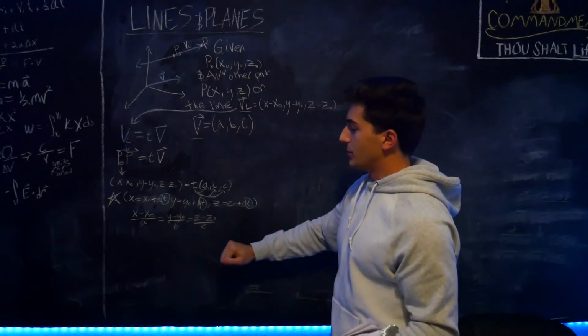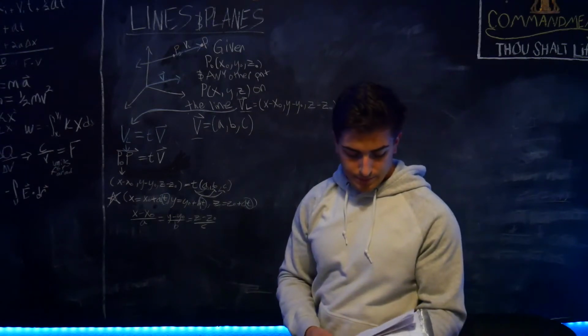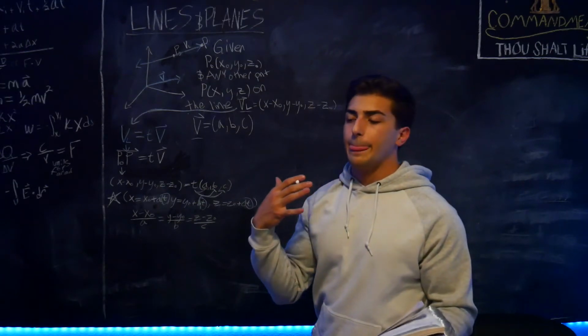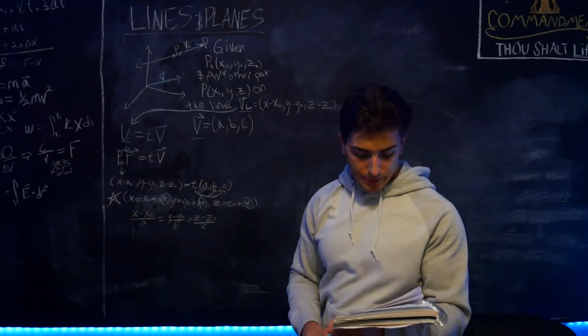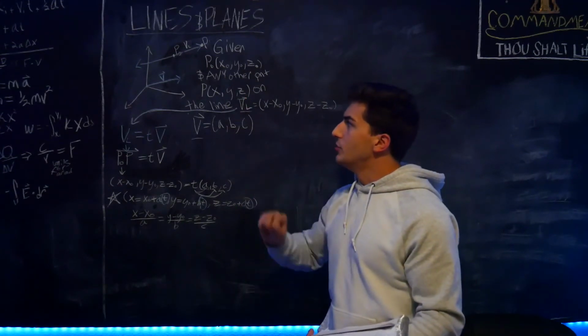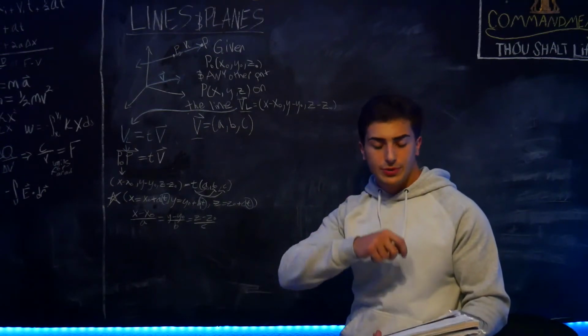That extra thing is just helping to give us the equation we want. Okay, what was the other thing? If two vectors are parallel, they are scalar multiples of each other.